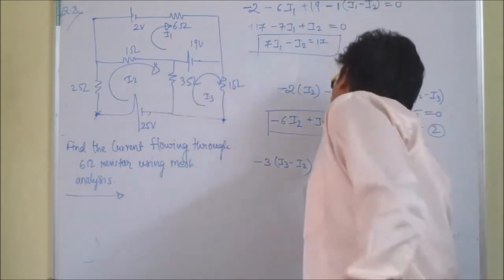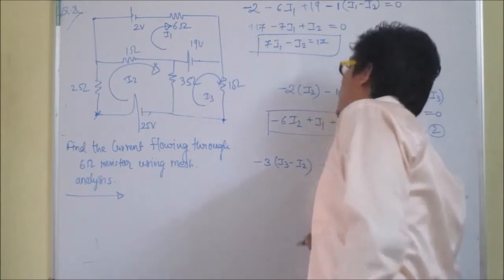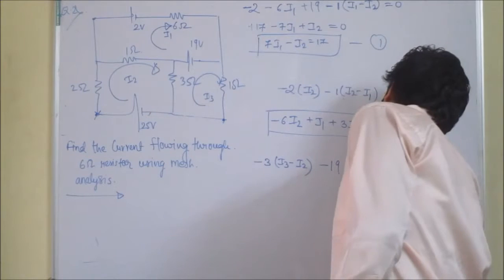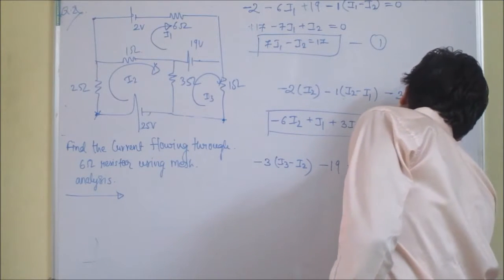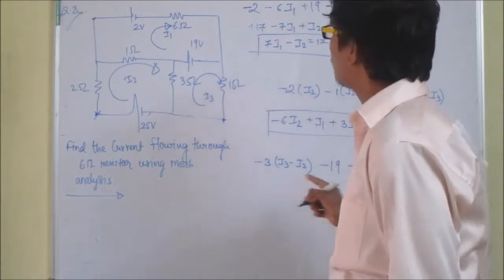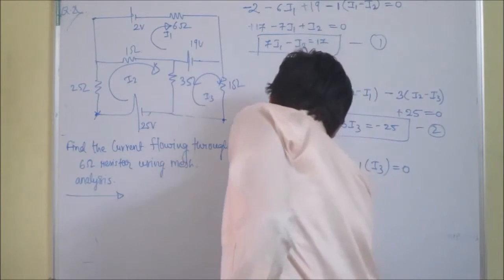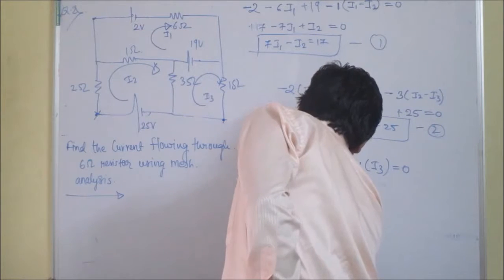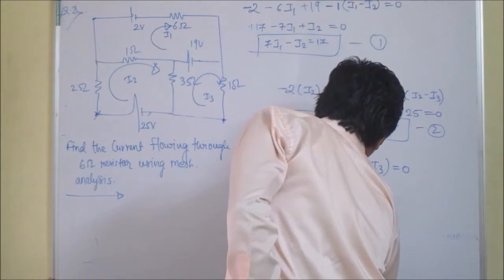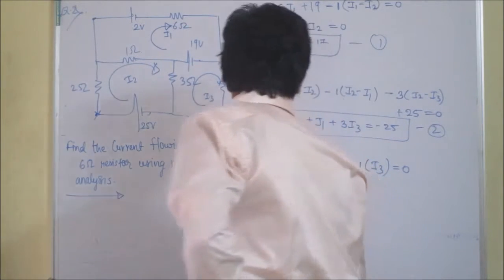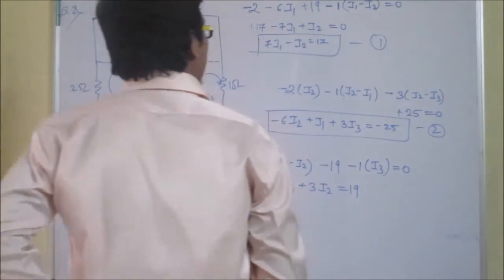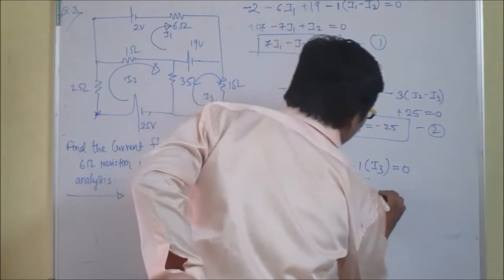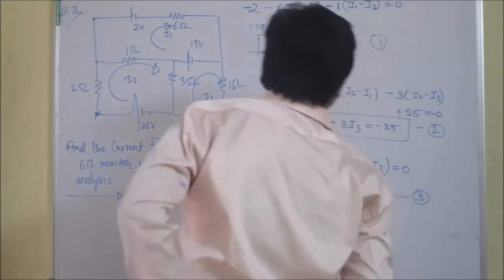Then there is a drop in potential, and then again through the 1 ohm only I3 is going, minus 1 I3 is equal to 0. So just simplifying this equation, minus 3 minus 4 I3 plus 3 I2 is my equation number 3.